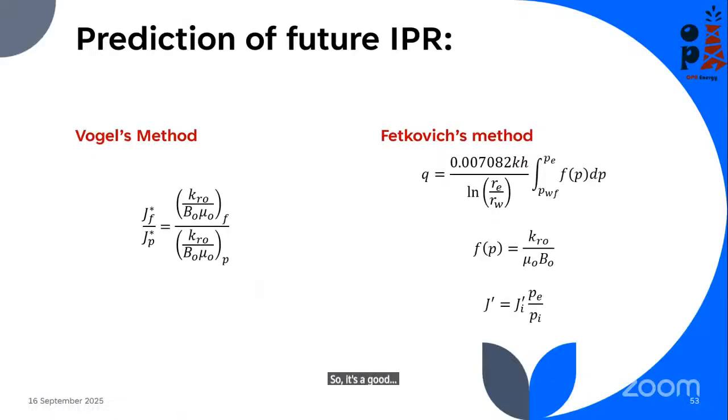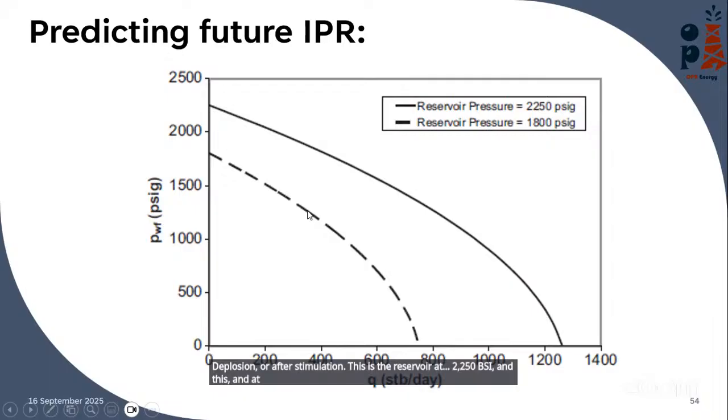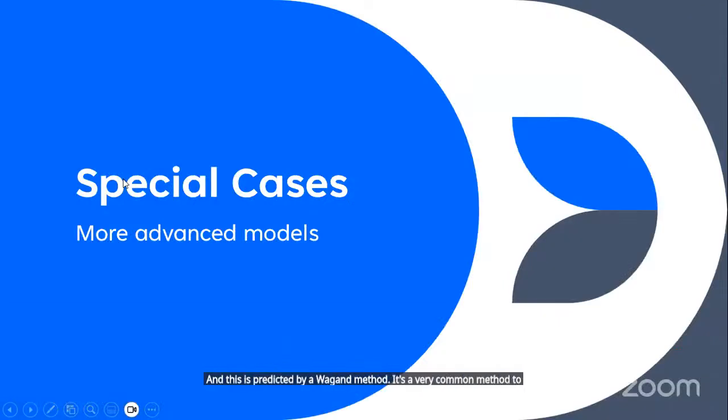So it's a good method to predict the future of the well after depletion or after stimulation. This is the reservoir at 2,250 psi, and this at 1,800 psi, predicted by the Vogel method. It's a very common method to use for this.